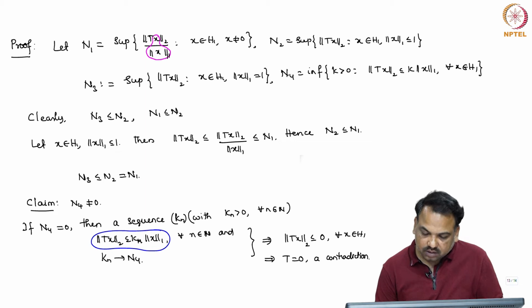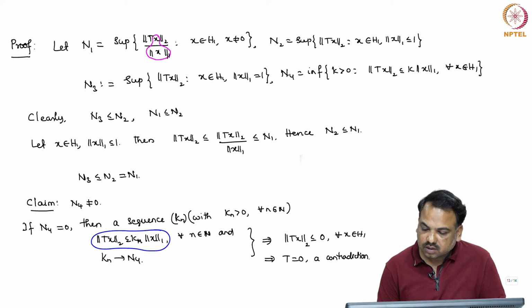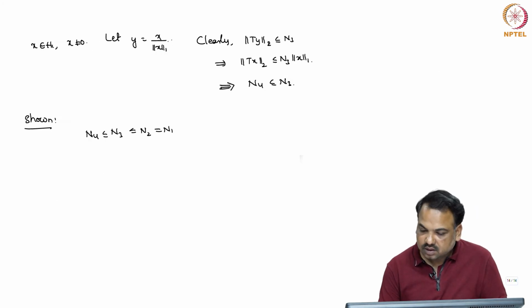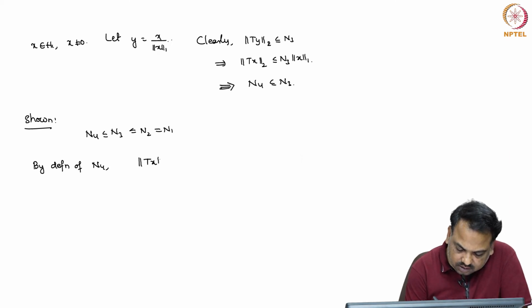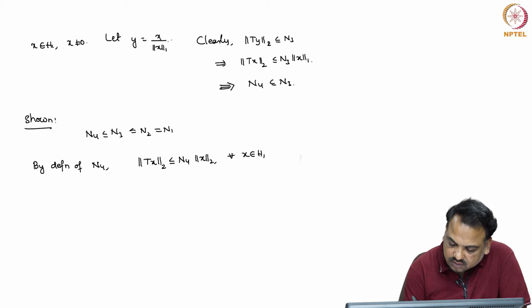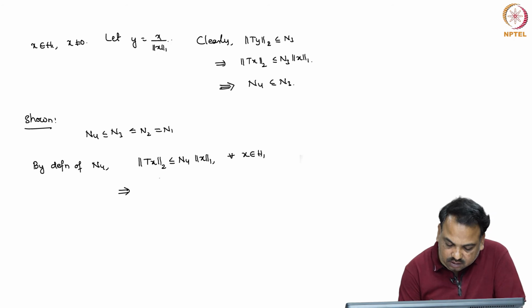We want to show that. Now N4 is non-zero. So by definition of N4, norm Tx is less than or equal to N4 into norm x for every x in H1. In particular, when x is non-zero, this is also true.